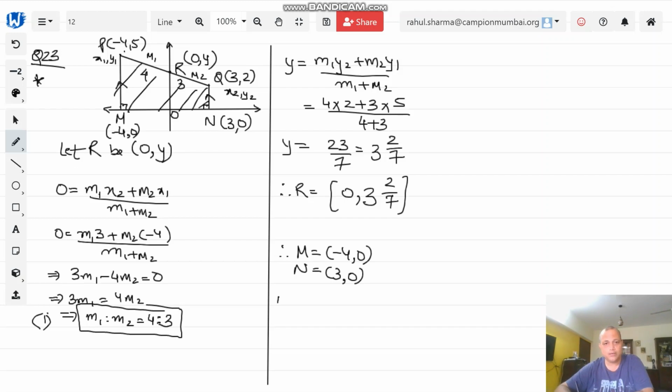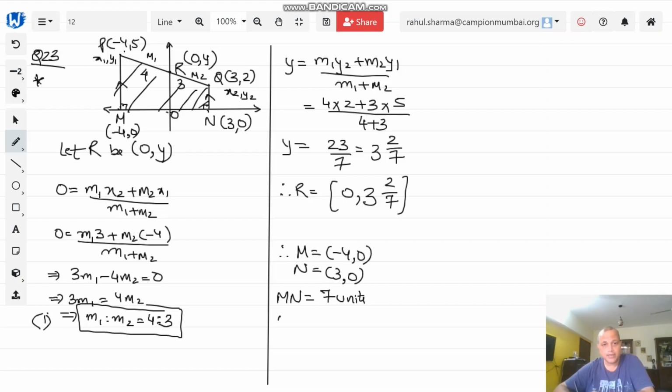Now you can either count the distance between M and N, or use the distance formula. Whichever way you look at this, MN is equal to 7 units. This is 4 units on this side, this is 3 units on this side, which means the total distance is 7 units. So we know the height.